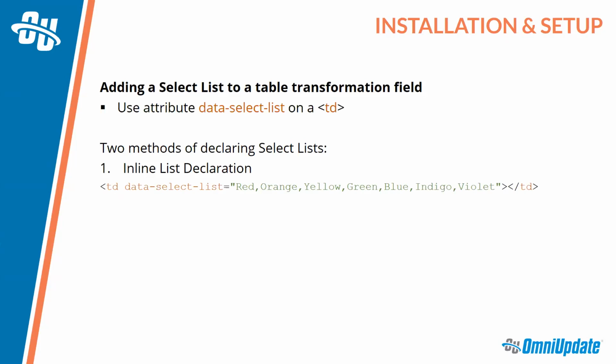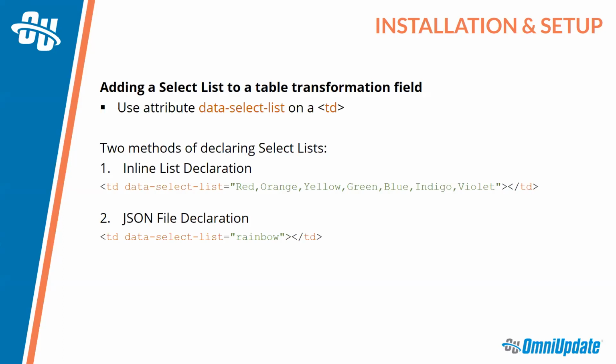The other way that you can declare a select list is with a JSON file. You can choose a particular JSON file populated with all the options that you want to have available to the user, and then all you have to do is point to that JSON file. Here you can see how we do that. This is actually calling a rainbow.json file.